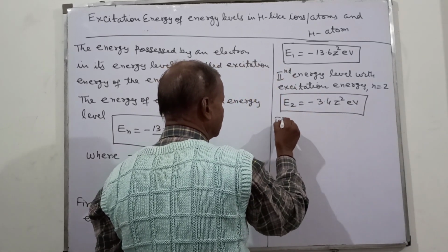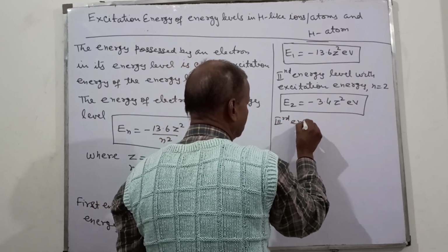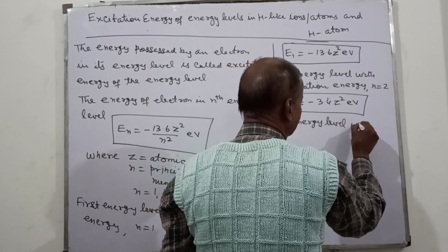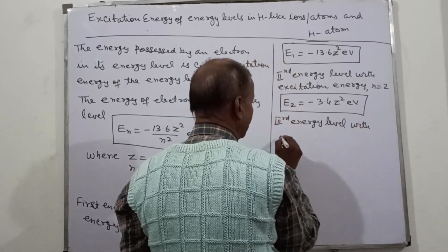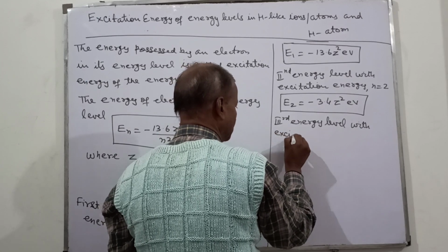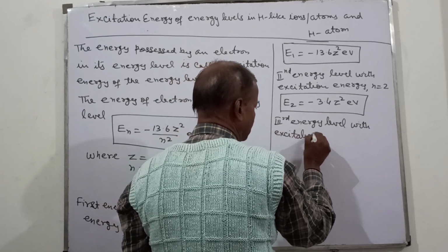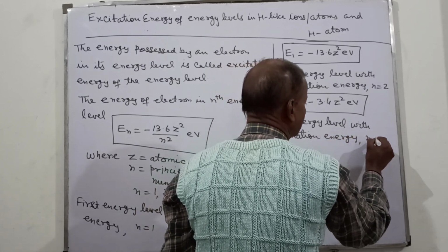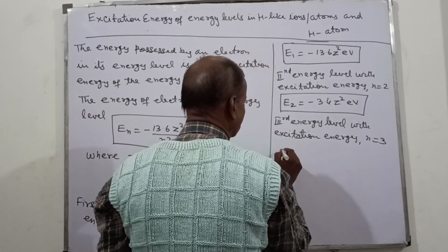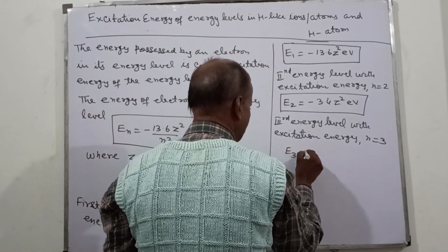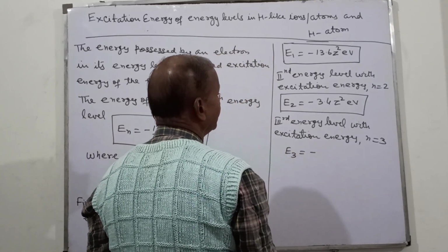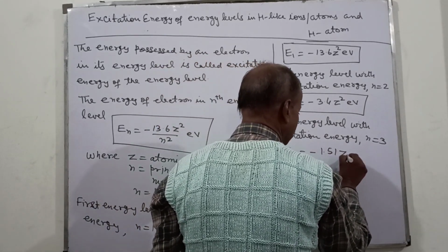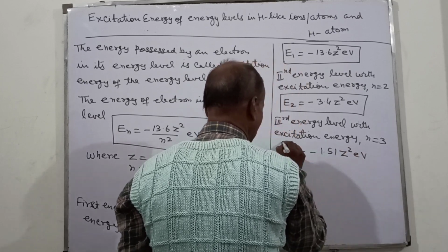Similarly, the third energy level with its excitation energy: n equals 3. So E3 is equal to minus 1.51 Z square electron volt.